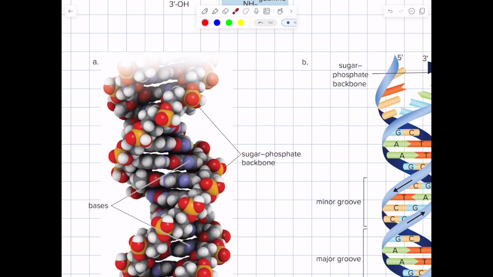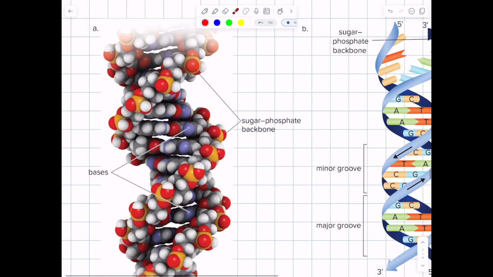So you can see alternating phosphate, that's the phosphodiester, ribose, and so on. In the interior is where the nucleobase is. Here is a purine nucleobase, hydrogen bound to a pyrimidine nucleobase across the DNA double helix. If you look at the double helix, you can see some interesting features.